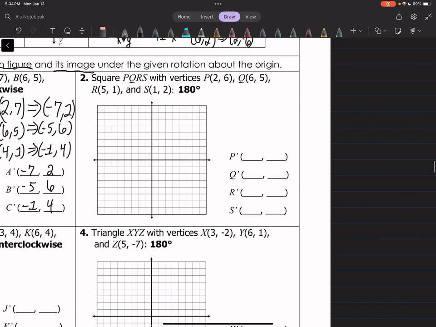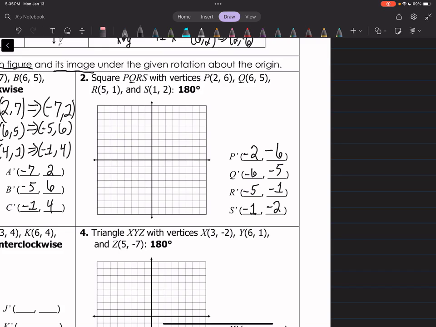All right, number 2, a square with vertices, and then those at 180 degrees. So remember, I'm going to be flipping them twice, so really it should be the same x and y. But the important thing is for 180, I am negating both. So I'm flipping the signs of both, and that is the only thing I'm doing to do 180. So there are my coordinates.